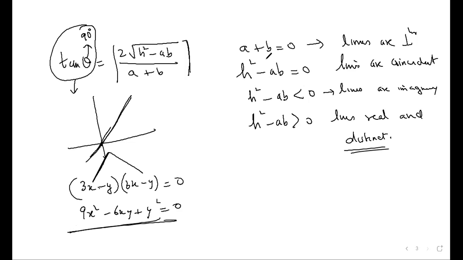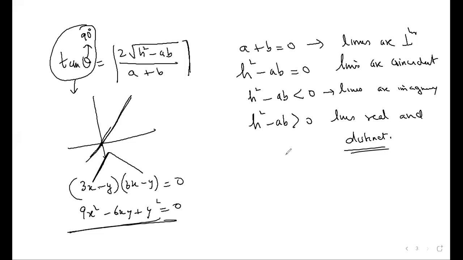So much you have to keep in mind. They'll ask you problems based on these conditions: condition for lines to be perpendicular, coincident, imaginary, and real and distinct. Okay, so much is clear to you?